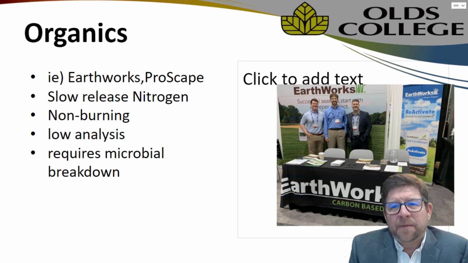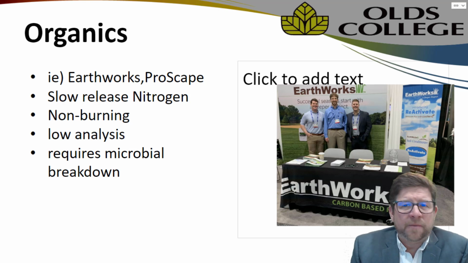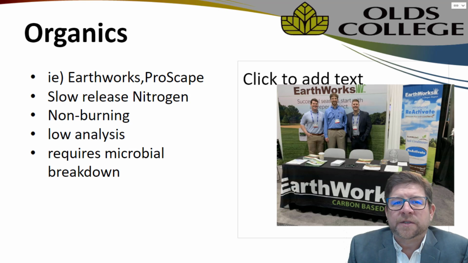So that being said, these organic sources, whether it's chicken manure or pig manure, whatever carbon-based fertilizer you choose, are very, very safe. Really, the only way you're going to kill or harm turf with it is if you pile it and it suffocates the turf underneath it. So it's non-burning, very low analysis, typically around 6% nitrogen or less.